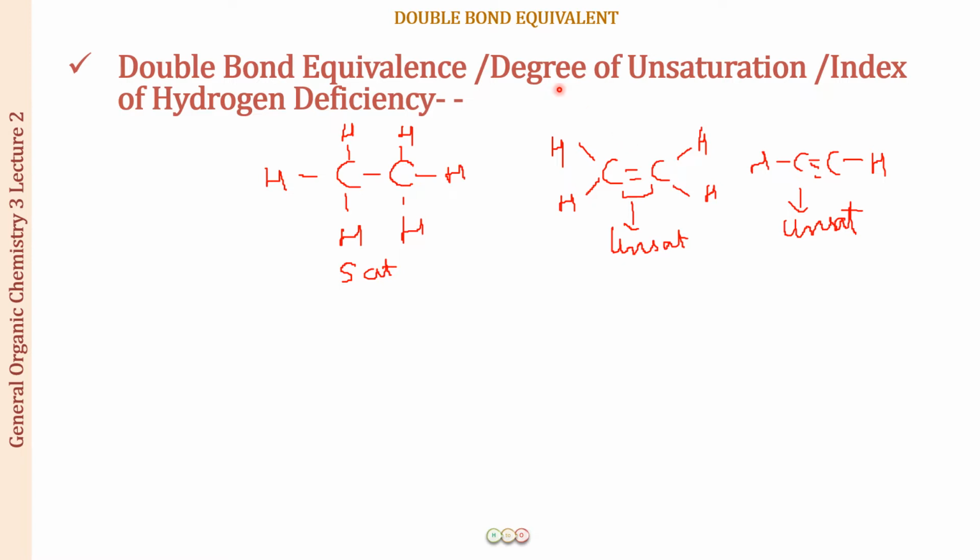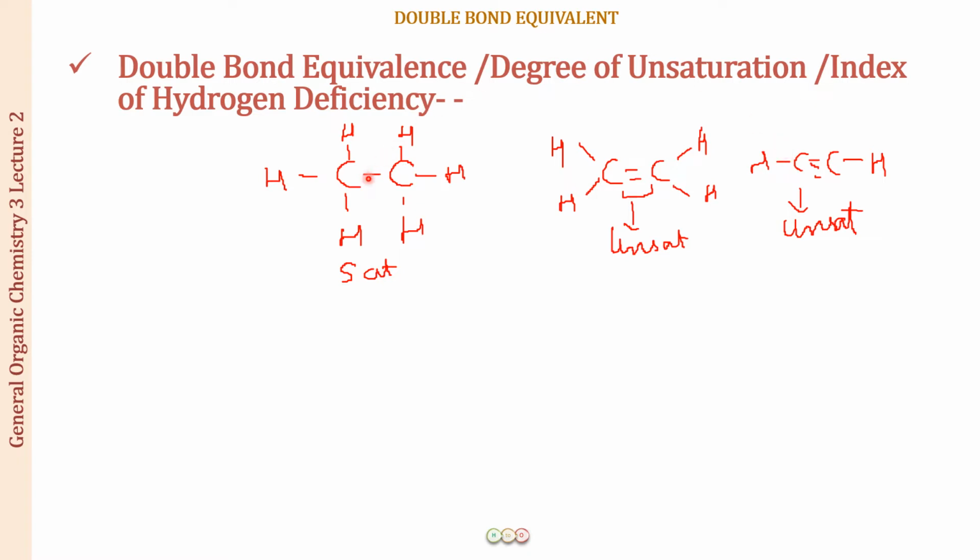So if the bond equivalent value increases, the degree of unsaturation increases, and the number of hydrogen atoms that are decreasing is also increasing, right? So this is an increase in hydrogen deficiency from 6 to 4 to 2, right?